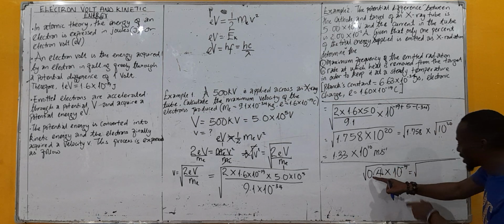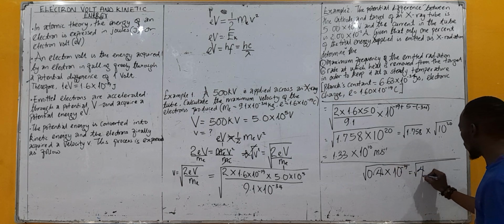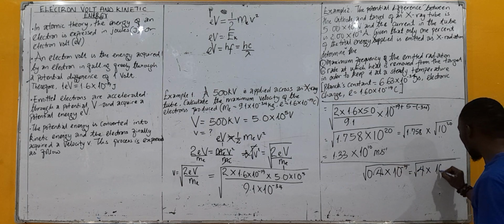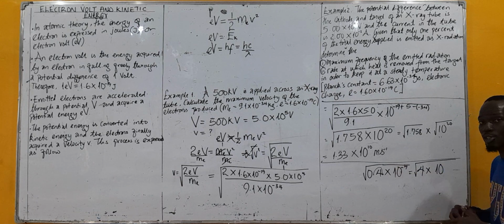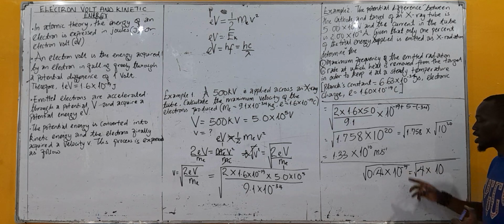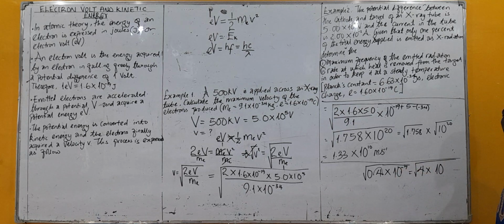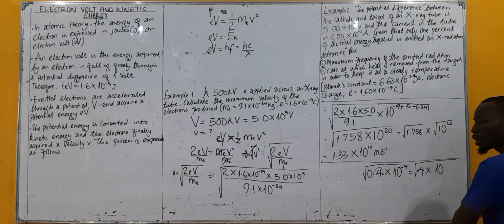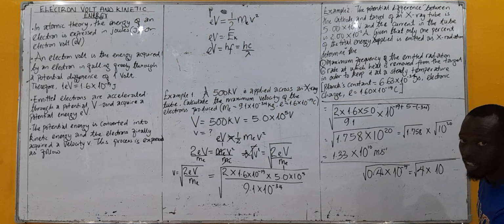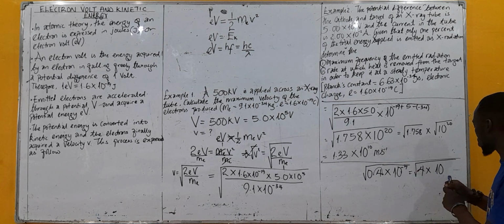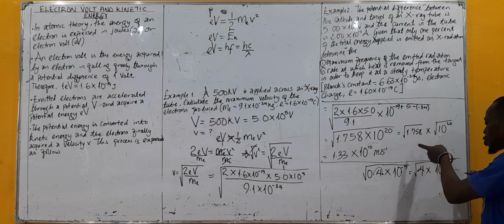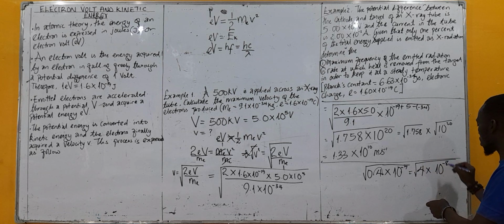So if I'm taking this to the right, it now becomes 4 times 10 to the power of, I say it will be reducing by 1. So if I am going towards the right, I'll be subtracting. If I'm going towards the left, I'll be adding. So minus 7 minus 1 now becomes minus 8.